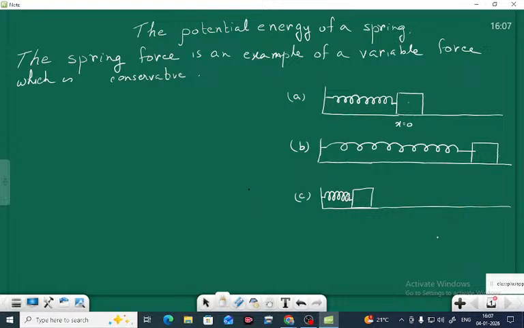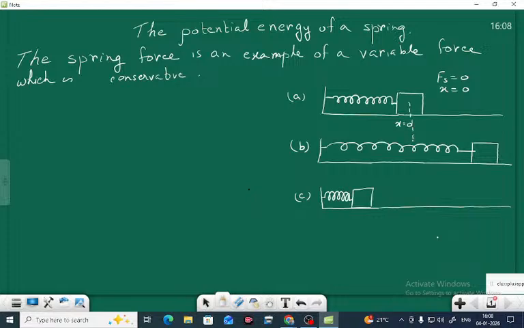In the first case there is a force F equal to 0, there is no displacement, and x is equal to 0. And in case B there is a displacement.